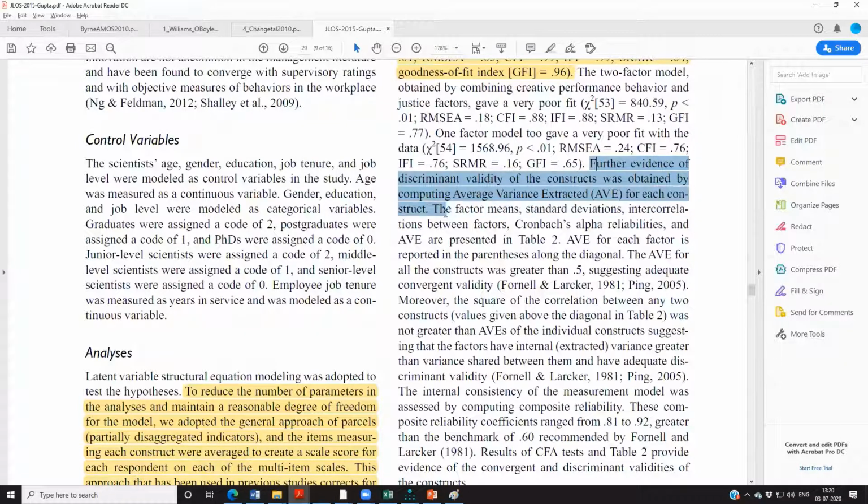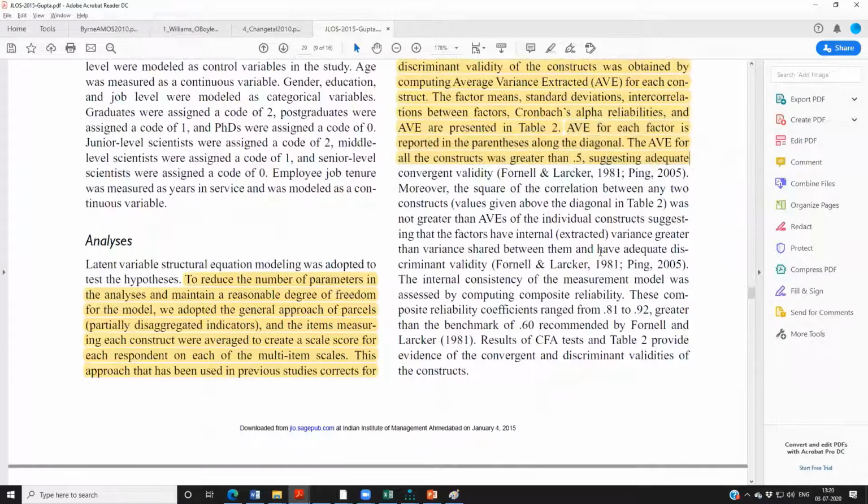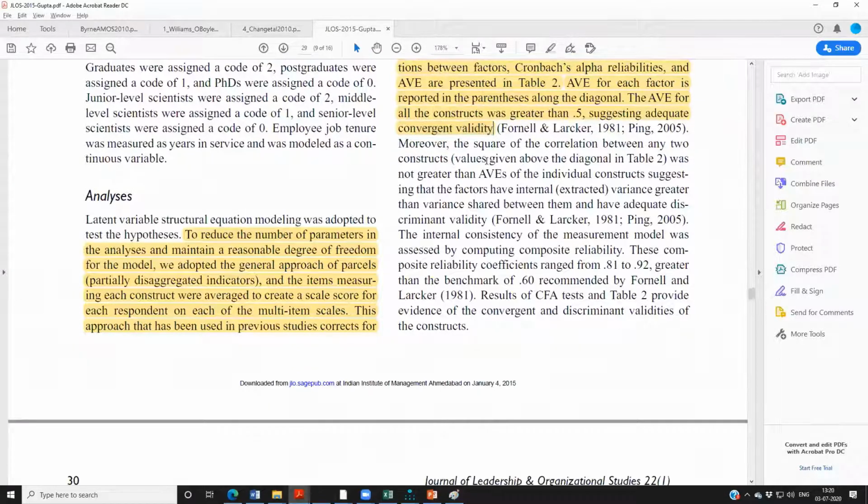The factor means and Cronbach reliabilities are all given in Table 2. The AVE for each factor is reported in the parenthesis. The AVE for each construct was greater than 0.5, suggesting adequate convergent validity.